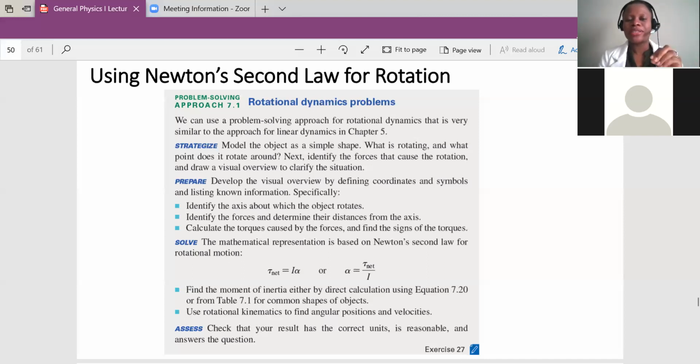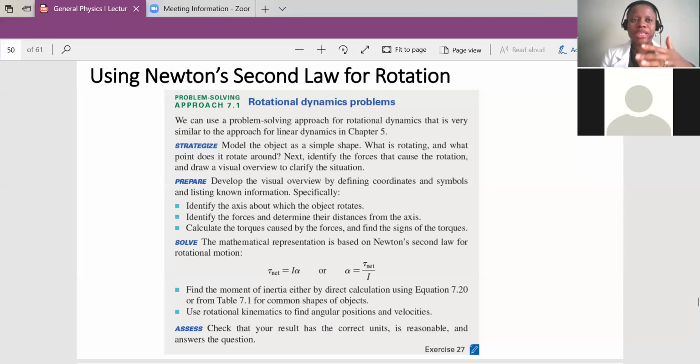Instead of making just a particle, we identify the object as a shape, okay? So you can actually make a virtual representation of the object as a shape. Then all other steps apply. So when you're given a problem, you make the model.